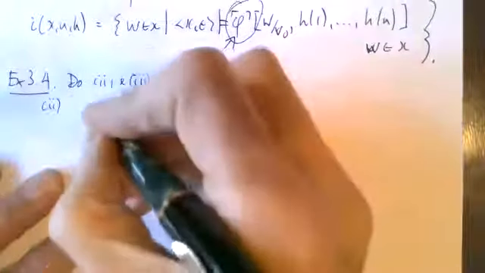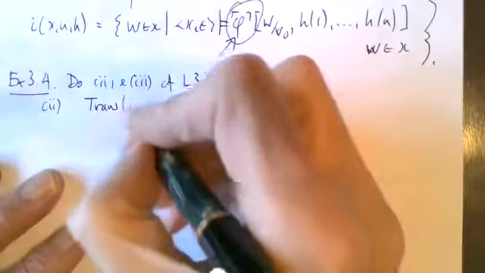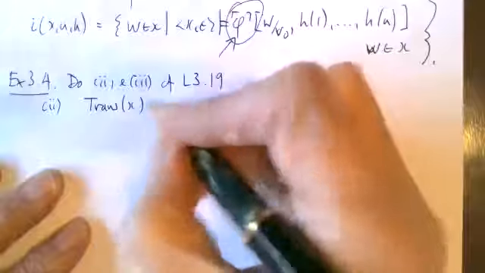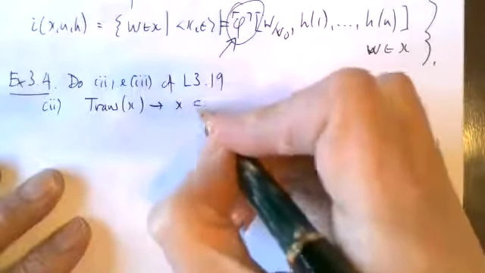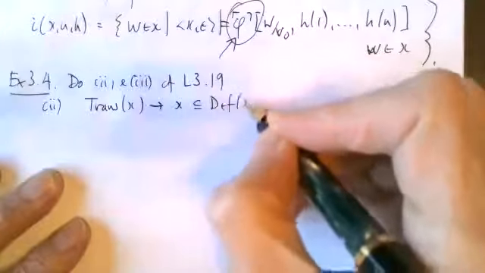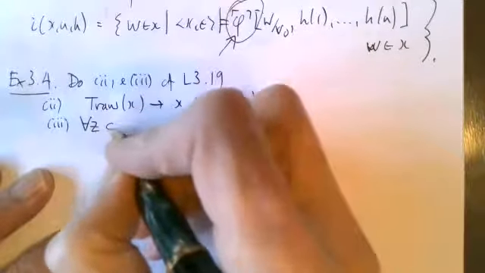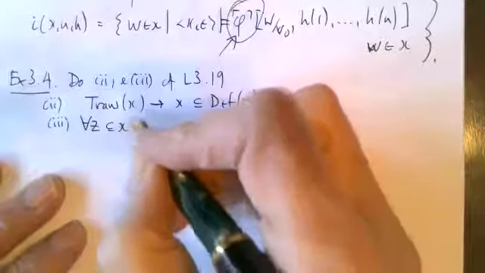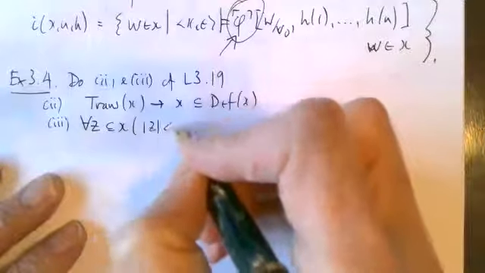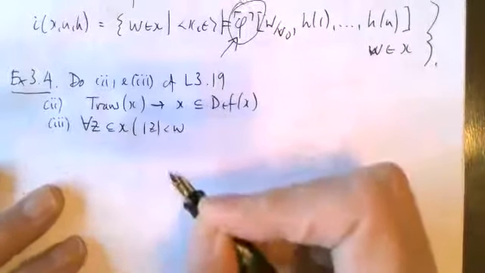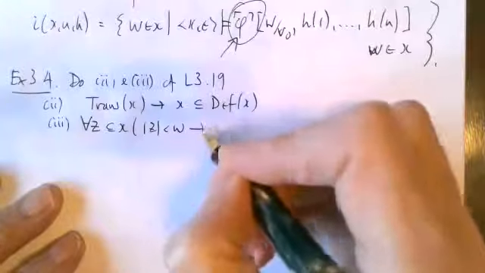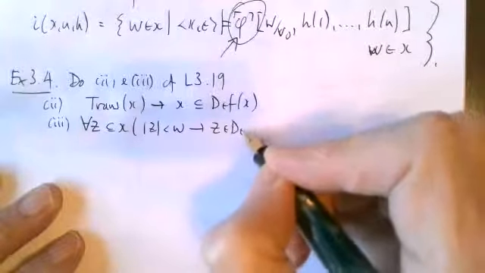So if X was transitive, then we wanted X to be contained in def X. And 3 was just the thing that I was talking about before. If I've got a finite subset Z of X, so the cardinality of Z is less than omega, then Z is itself definable.